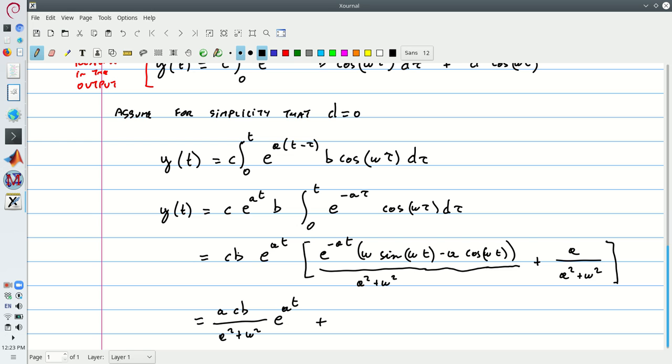And the other term is going to be c b, where exponential of a t cancels exponential of minus a t. So I'm only left with omega sine of omega t minus a cosine of omega t, divided by the usual denominator, that is a square plus omega square.